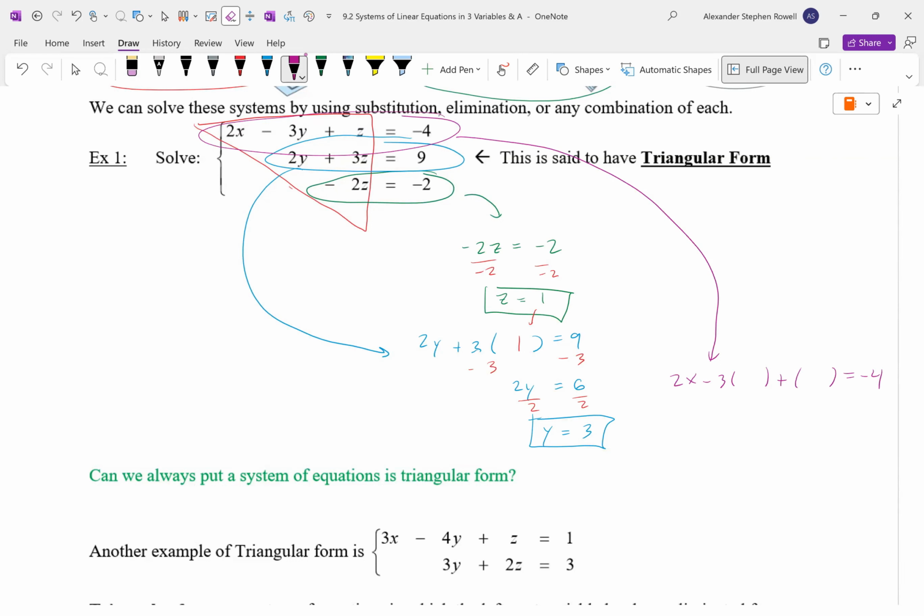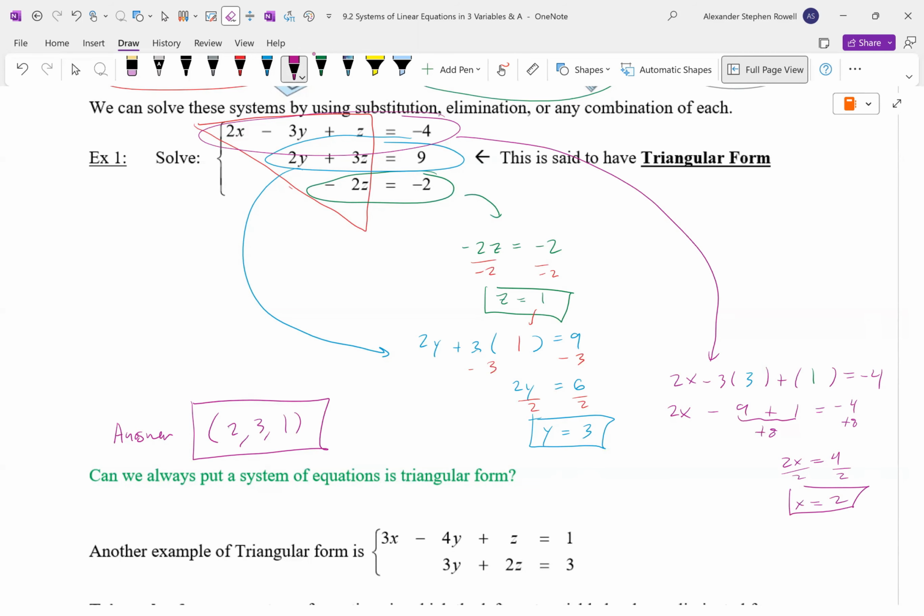Plugging in z is 1 and y is 3, we get 2x minus 9 plus 1. Add 8 to both sides to get 2x is equal to 4, so x is equal to 2. The answer is (2, 3, 1), the ordered triple that makes all three equations true.